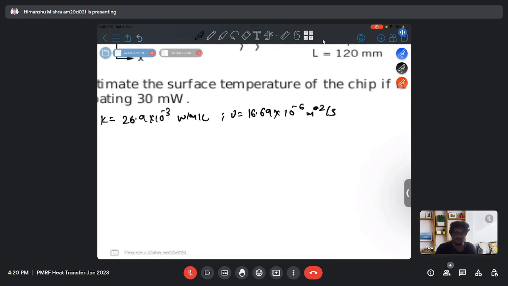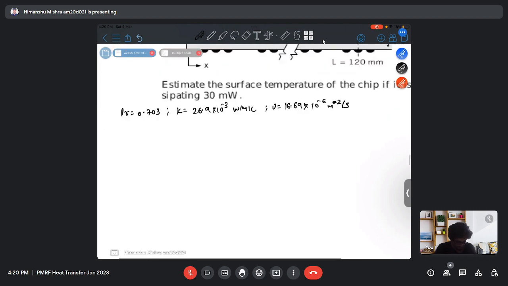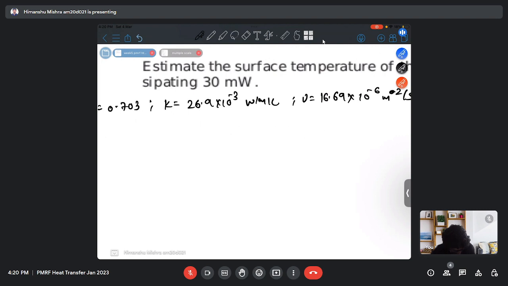So there will be some dissipation and there will be some heat convection due to the air which is flowing over the chip. So from the energy balance, I can just write my heat generation is equal to the heat convection due to air.